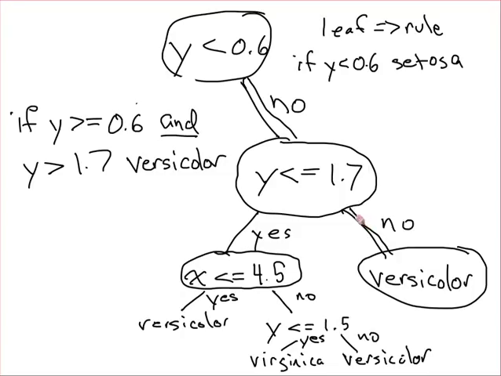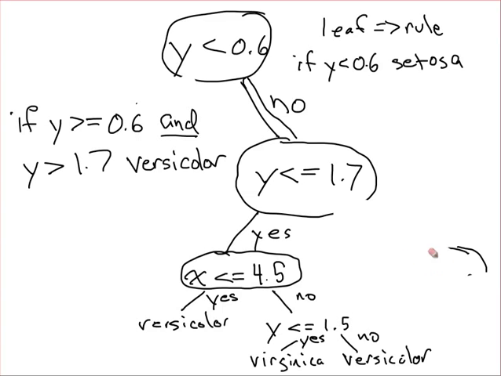Once again, we've gotten rid of another leaf on our tree. I can take it off the diagram so we don't have to deal with it anymore. So all of these leaves we're able to turn into rules. The problem is this is actually not a particularly good rule. If both of these are true, y is greater than or equal to 0.6 and it's greater than 1.7.